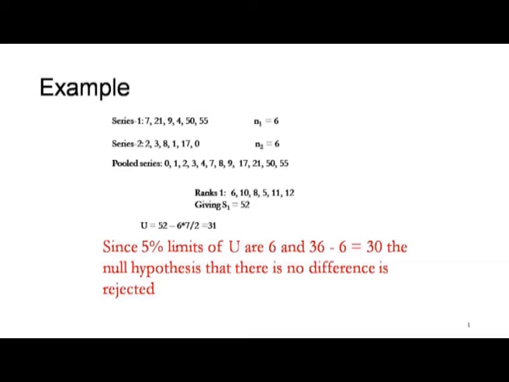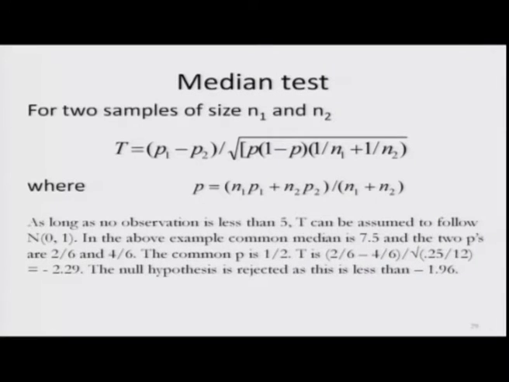Okay. Then the median test. The median test implies this: there are two groups with separate observations in those groups, and we combine them, calculate the median of the combined or pooled data, and then find out what proportion of observations in group 1 and group 2 are above the median, or below the median, it does not matter.